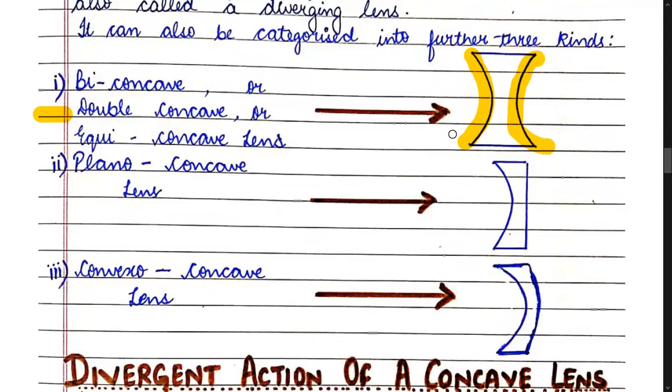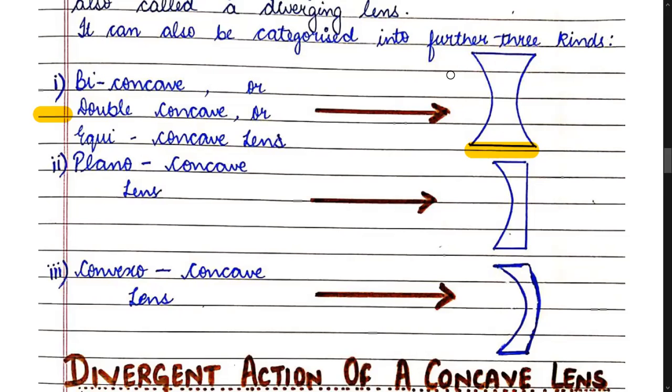And if you can see the diagram shown in the adjoining figure, we can see that a concave lens is thin at its middle while it is thicker at its periphery.